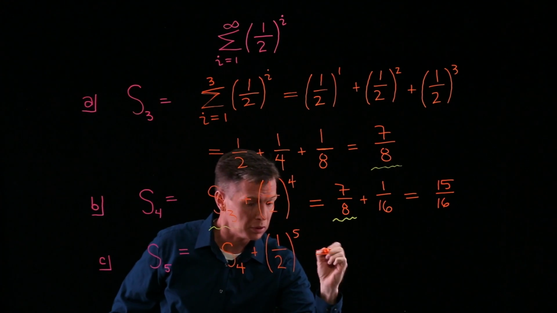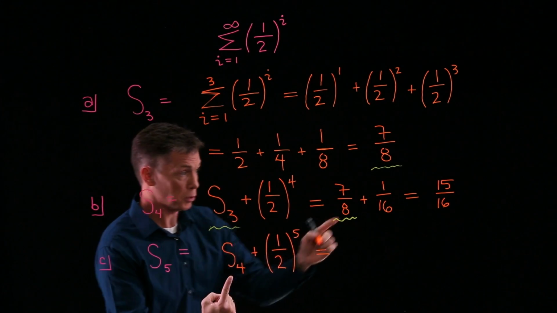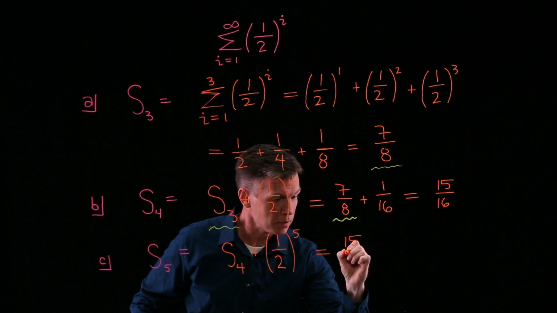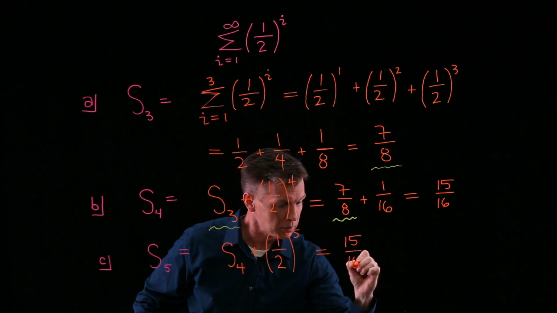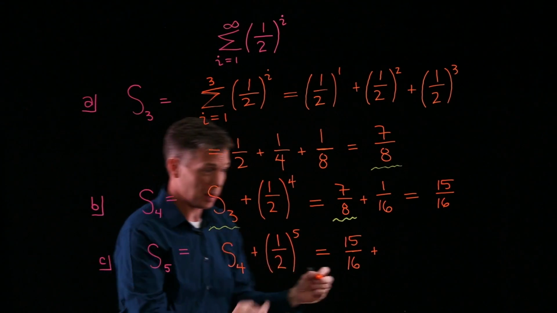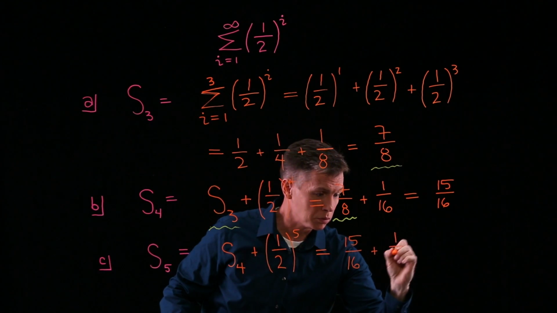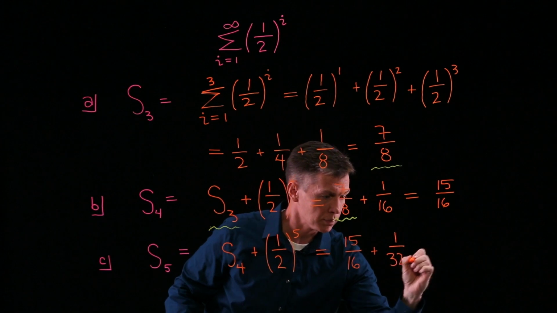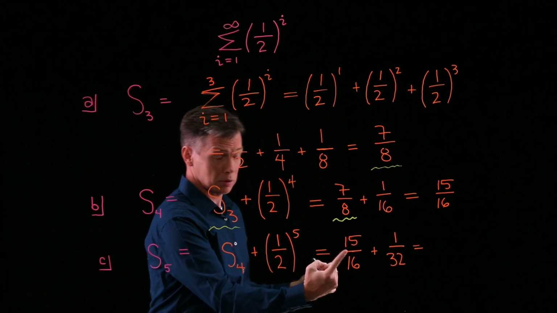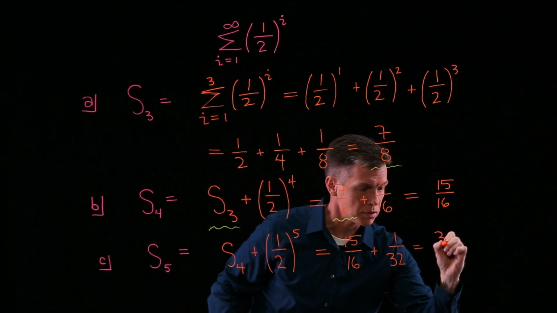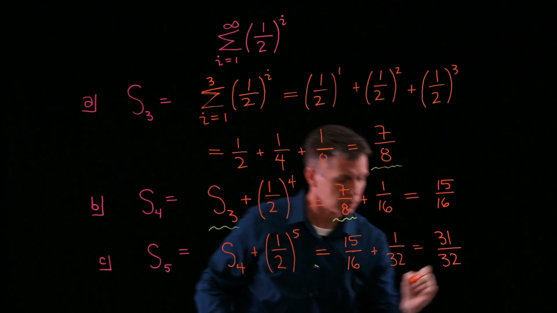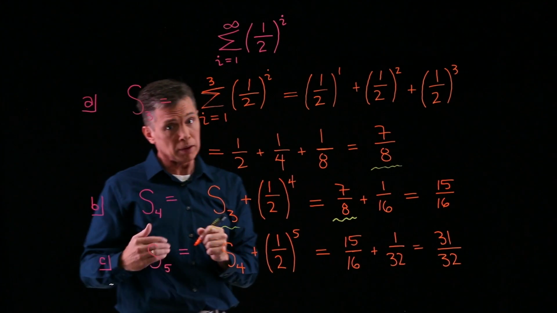So this equals my S sub 4. I'll grab that answer from a minute ago, 15/16. And I just add 1/2 to the 5th power, 1/32. So double these numbers, that goes up to 30 plus 1, 31/32. Okay, there.